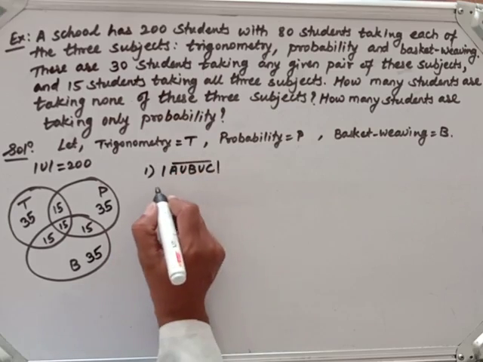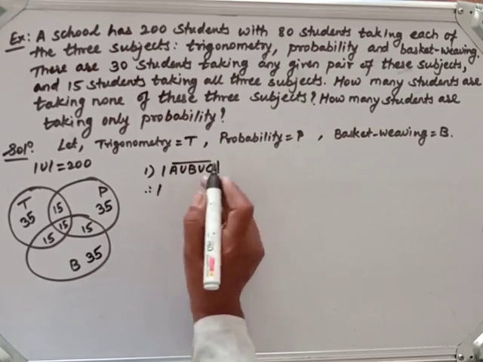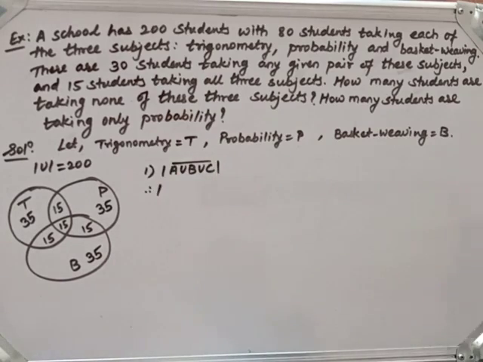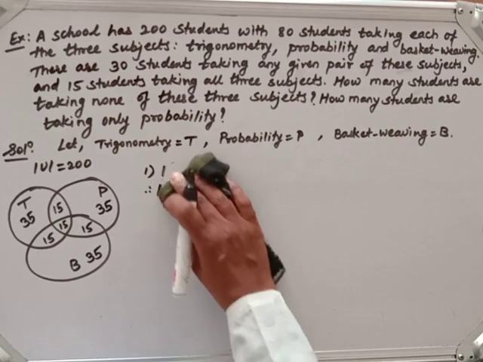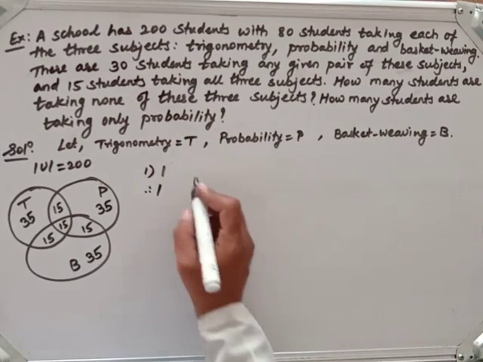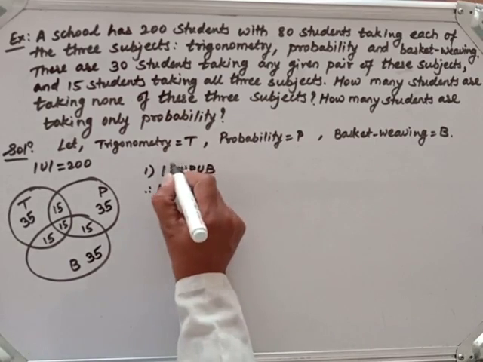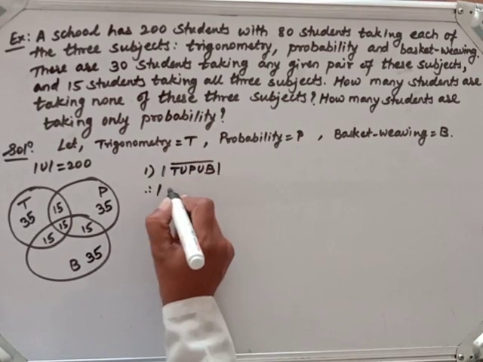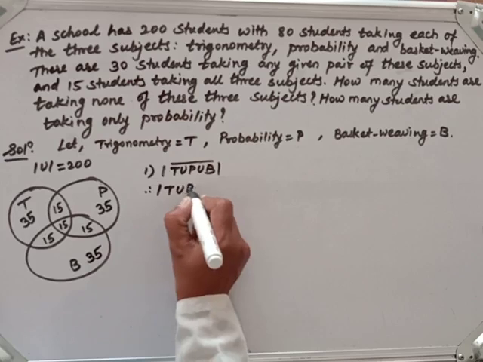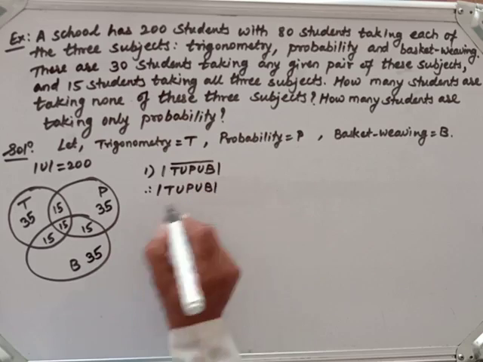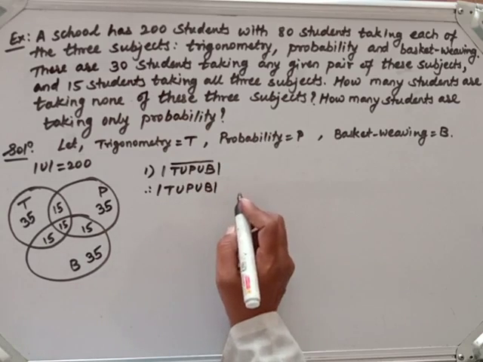This one. Now we have given name here as T, P and B. Sorry for that. So T union P union B complement. Fine. So now first of all find out T union P union B using inclusion exclusion principle.